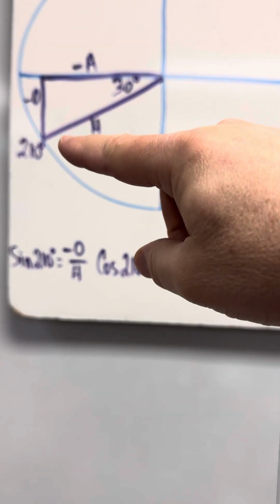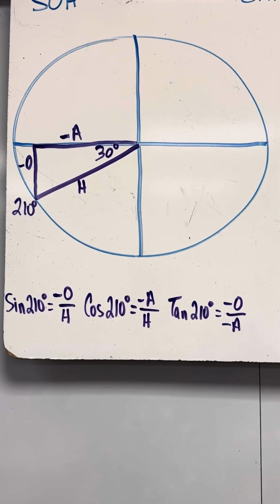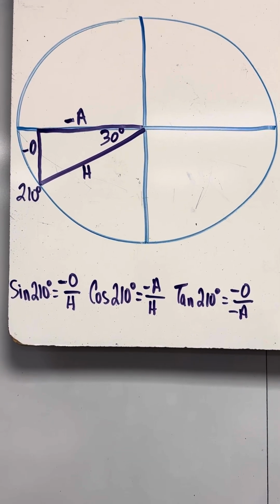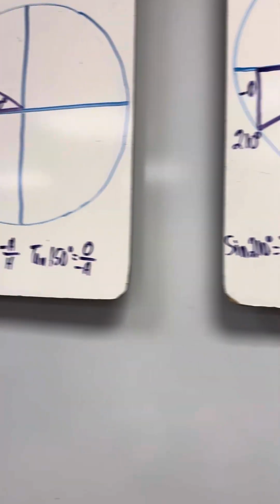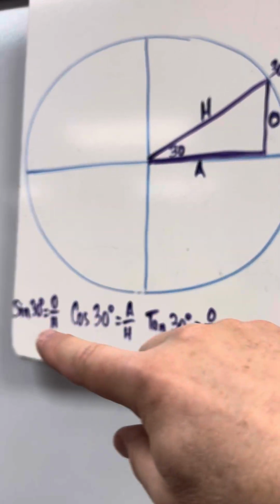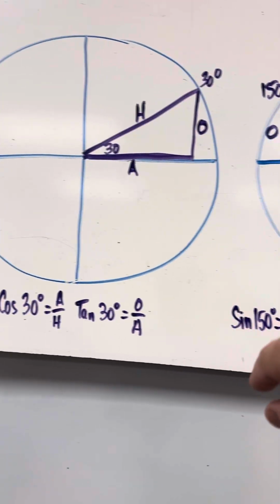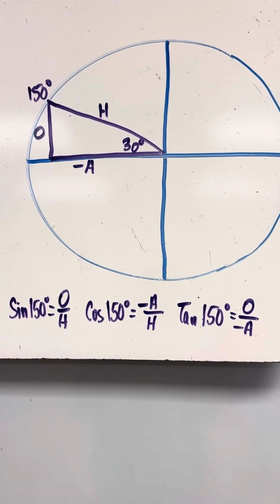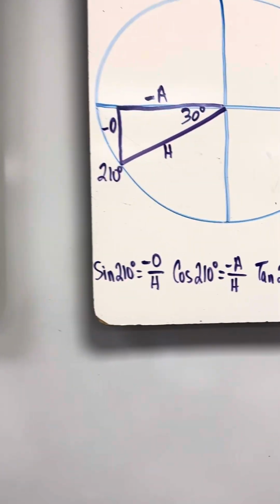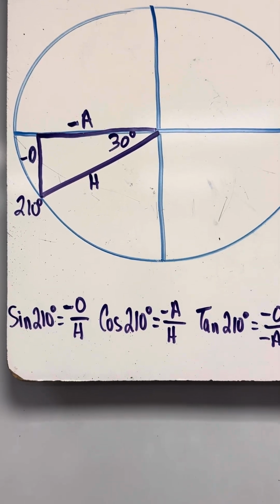Tan is negative O over negative A, and a negative over a negative is a positive, so tan is positive. Okay, so we've now reviewed that all three functions are positive in the first quadrant. We've learned that sine is positive in the second quadrant. We've now learned that tan is positive in the third quadrant.